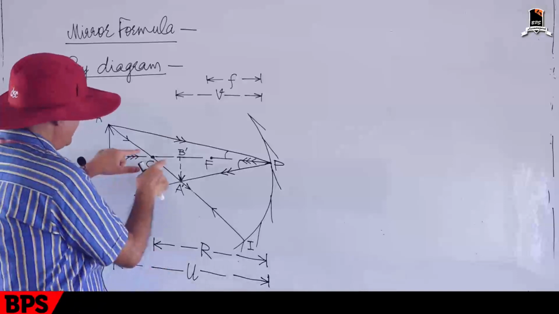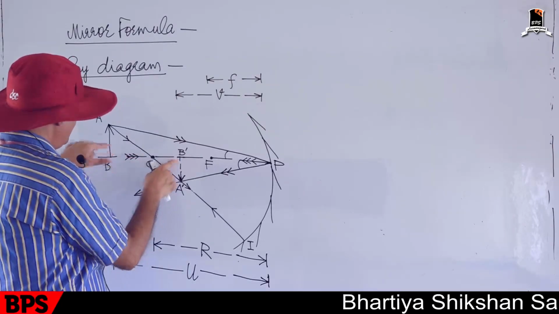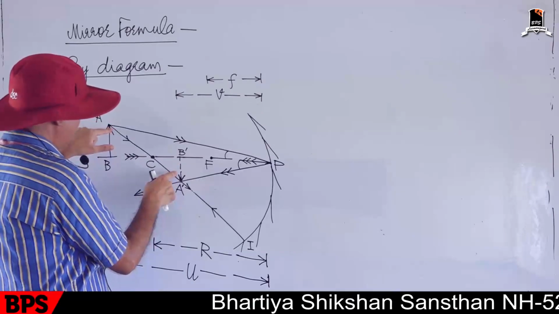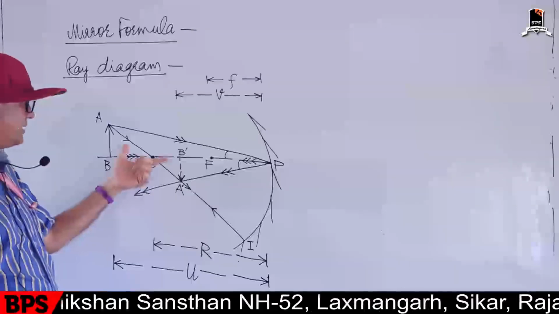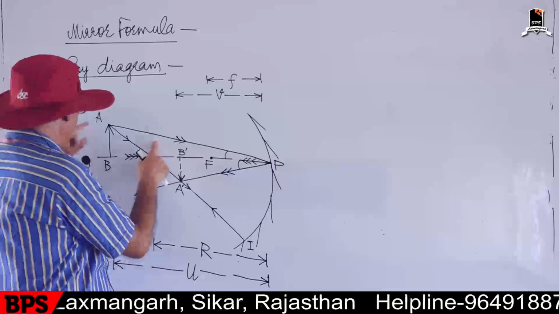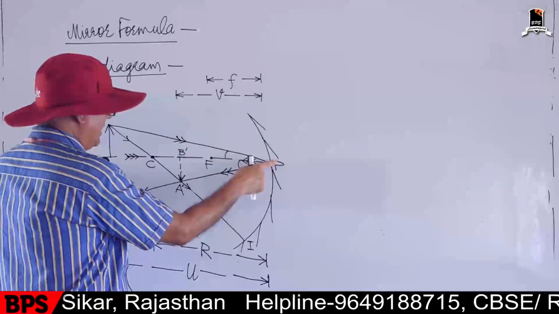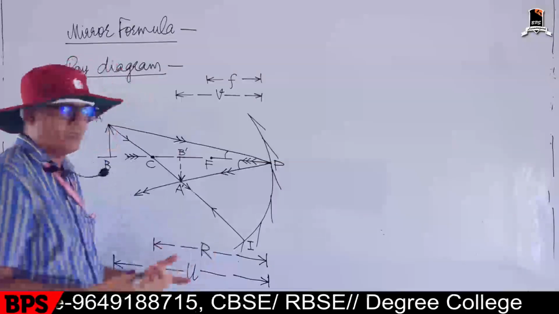Why similar? These are opposite angles, these are right angles, so the third angles must be equal, therefore all angles are equal, therefore these two triangles are similar.